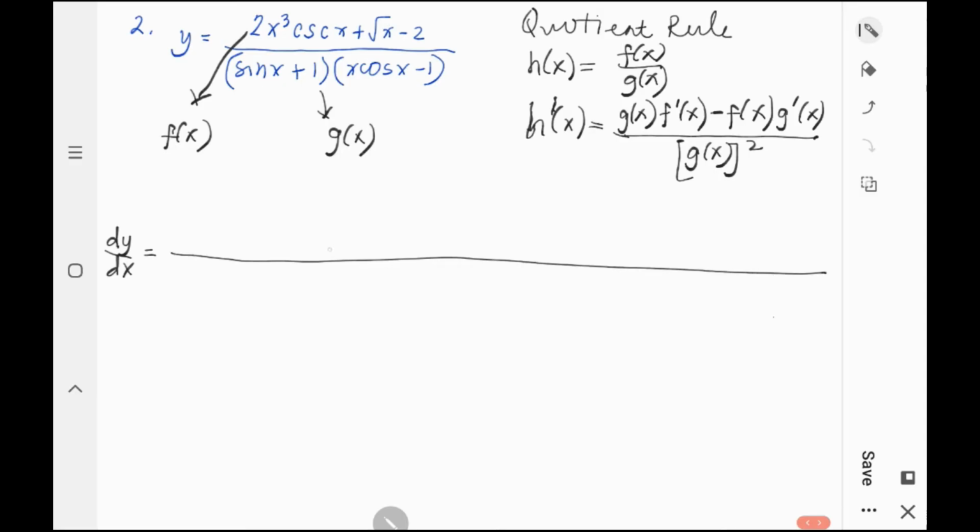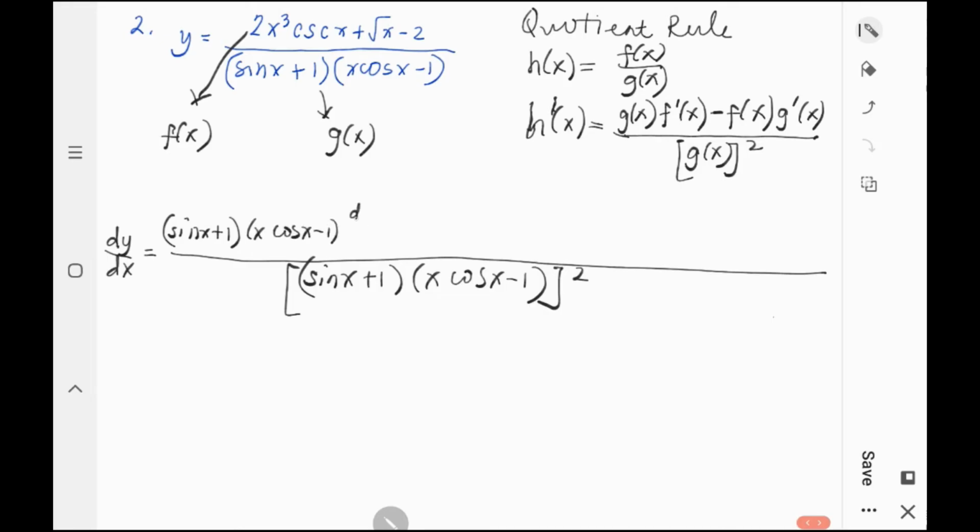The denominator is sine x plus 1 times x cosine x minus 1, so you have to square it. And then based on the numerator, you have g of x, so you copy sine x plus 1 times x cosine x minus 1.